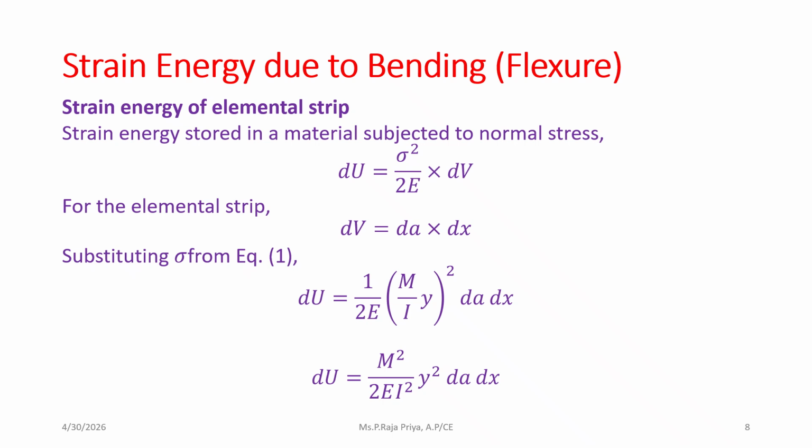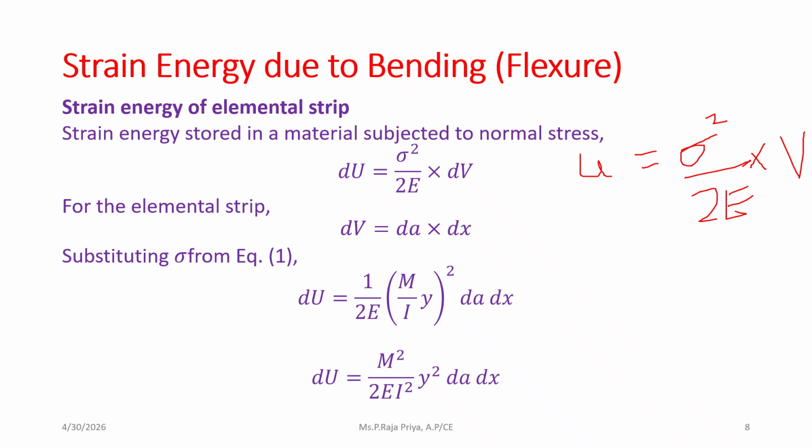Generally, due to normal stress, what is the strain energy stored? U is equal to sigma square by 2E into V. Here, since we are considering only a strip, we take dU is equal to sigma square by 2E into dV, which is the volume of the strip.